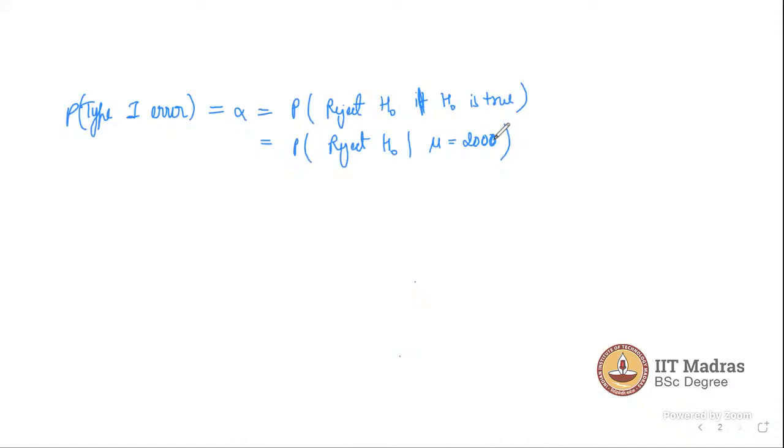Now he wants to check whether his business is going down. So what is it that he wants to check? The null is mu equal to 2000. Now he wants to check whether it has gone down from 2000, so mu should be less than 2000. This is going to be the alternative hypothesis.